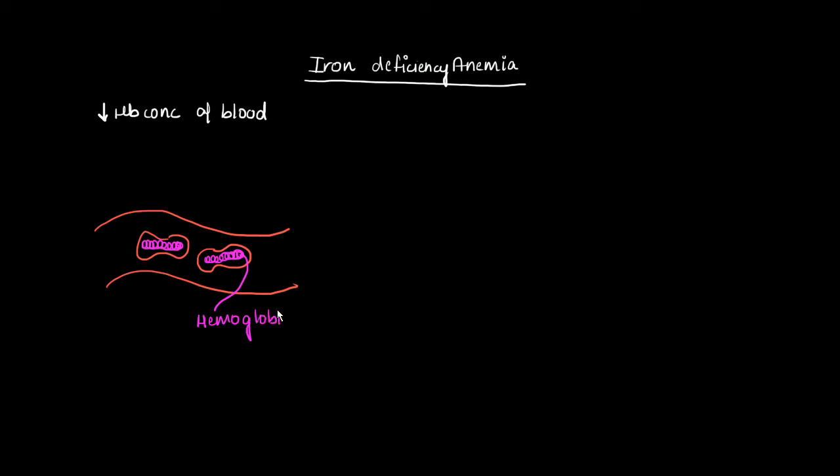Hemoglobin, which is abbreviated as HB or HBG. I'll stick to HB. Now, hemoglobin structurally is a metalloprotein. As the word says, what we have inside the hemoglobin is pretty simple.